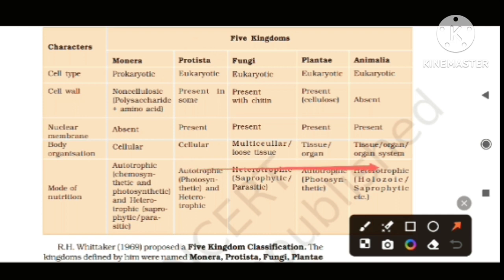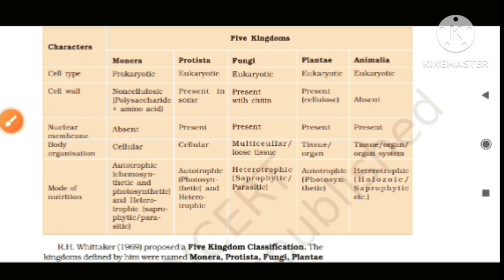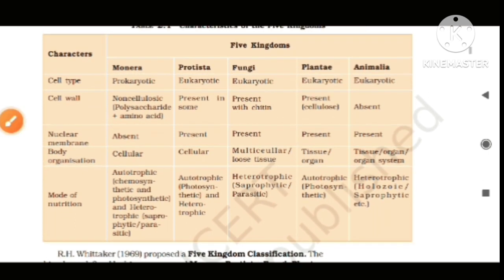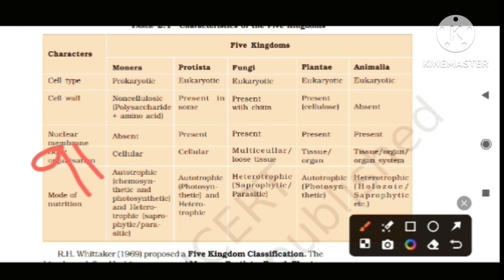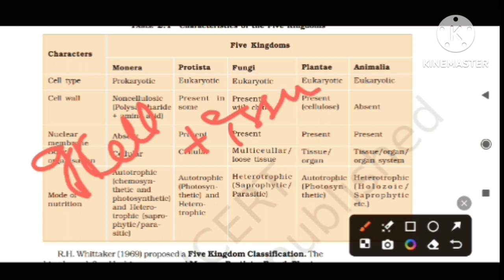Here, can you see the increasing level? Yes, increasing level. How? Here, multicellular and loose tissues, then tissues and organs, and then tissues, organs, and organ systems. Remember, a group of cells gives us tissue. They have a common function. This group of cells forms tissue which has the same common function.